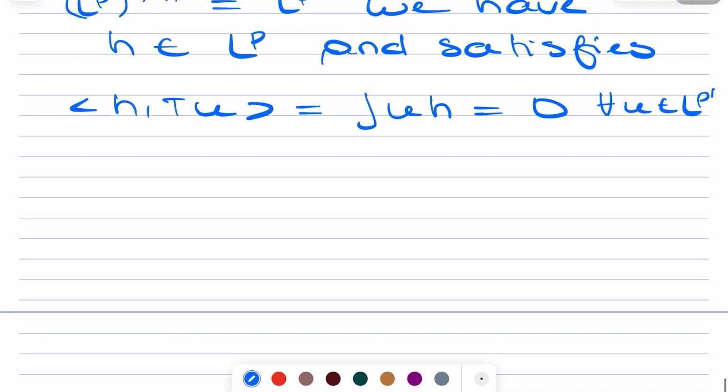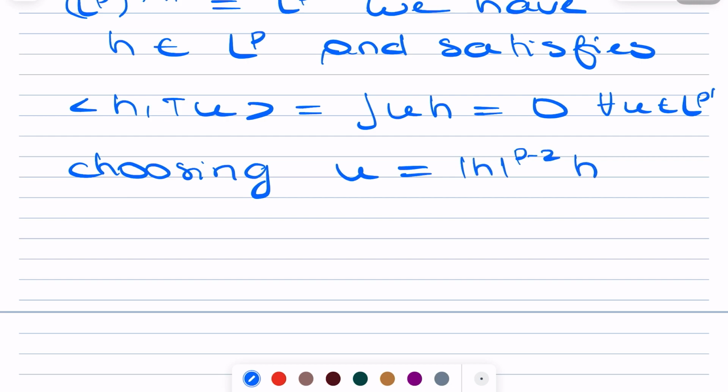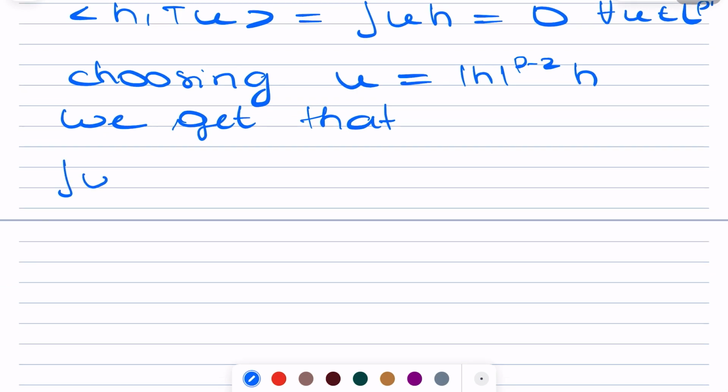So choosing U to be the absolute value of H to the power P minus 2 times H, we get from the above relation that the integral of U times H is equal to the integral of absolute value of H to the power P minus 2 times H squared.